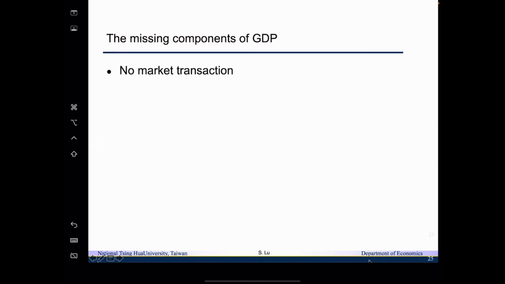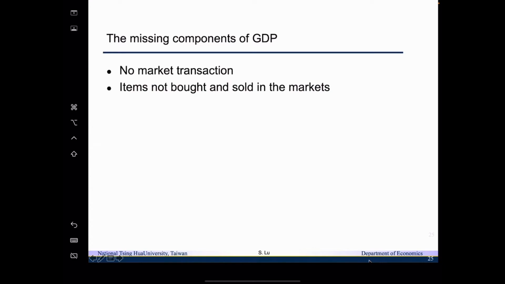But in fact, you still eat that potato, so it should be part of the production of the economy, but no one knows that. Therefore, the value of those kinds of products will not be included in the GDP. Missing the value of this type of goods in computing the GDP usually underestimates the GDP.